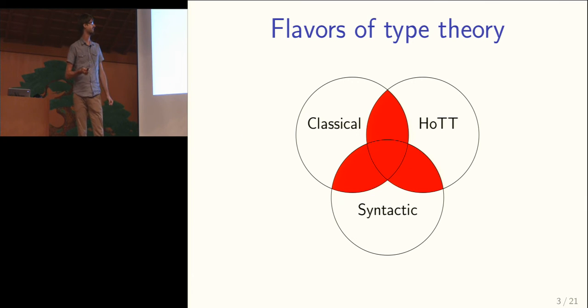Now, there is actually a third group that I like to call the syntactic group, or the syntactic flavor. This consists of all the properties that are true in the syntactic model of type theory. So for example, what we would find here is that two types that have a different name are always distinct, even if they are isomorphic. So clearly, this is incompatible with the homotopy type theory interpretation.